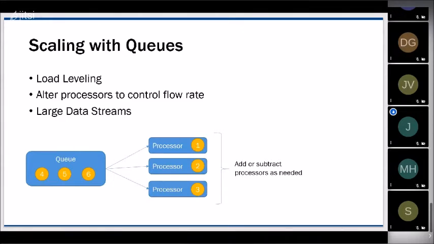Additionally, if you have a batch process or if you're working in the cloud, you can alter the processors to control the flow rate. So you can increase your number of processors or decrease them, which is really easy in the cloud. And this is really nice for auto scaling. So that's the queue pattern.